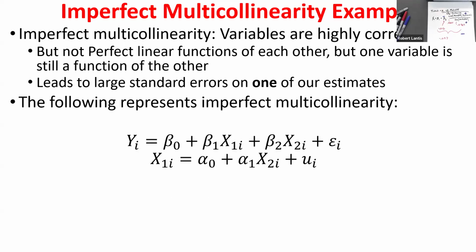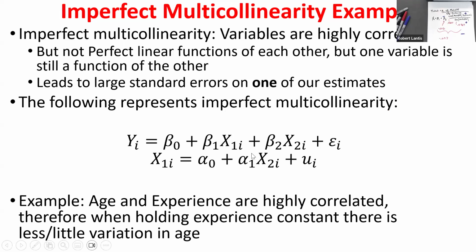What's going to end up happening, and we won't dive too much into the nitty gritty, is that if I run this regression with two variables that are highly correlated, not perfectly multicollinear but close, I really could just rewrite one variable as a function of the other.